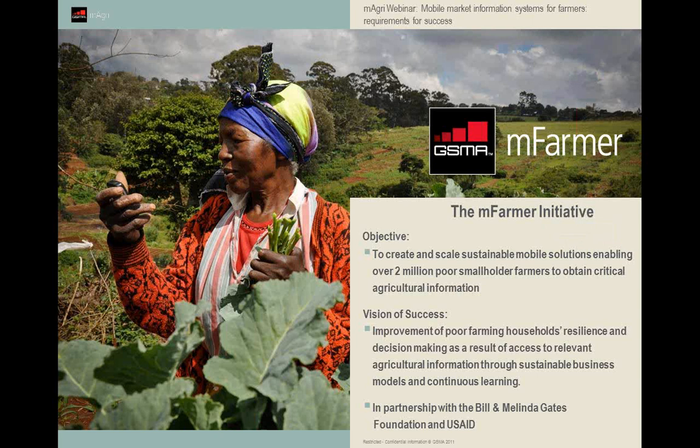With funding from USAID and the Bill and Melinda Gates Foundation, the mFarmer initiative works to stimulate the development of high-scale and highly impactful mobile value-added services for poor rural smallholders. We're doing this by working very closely with 4 mobile operators on developing mobile agricultural value-added services in places like Mali, Kenya, and India. It's from supporting and working closely with these 4 grantees that we have the following insights to share.